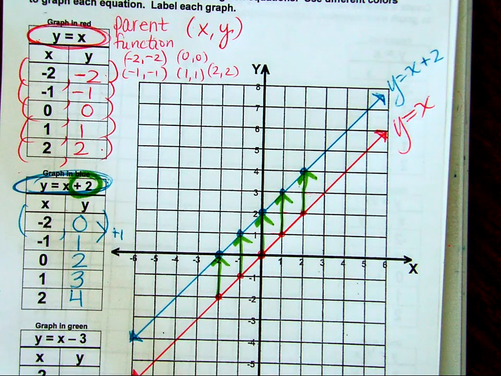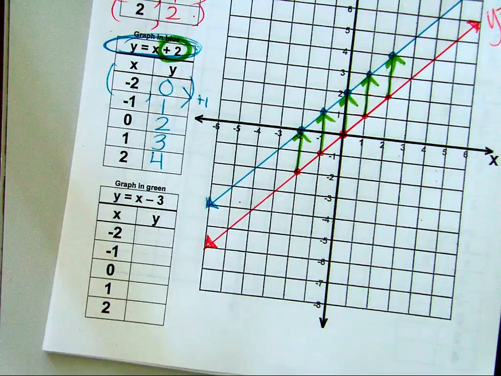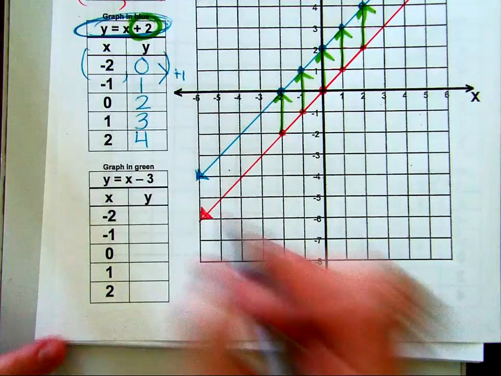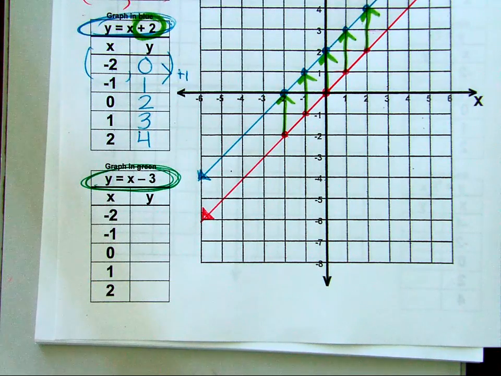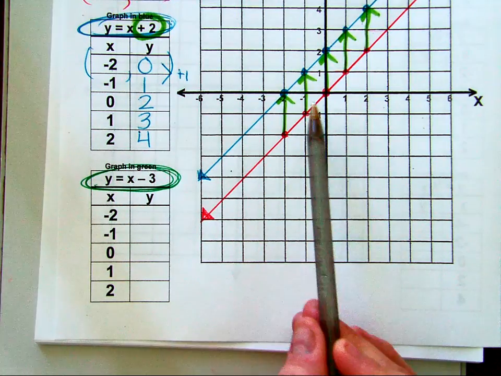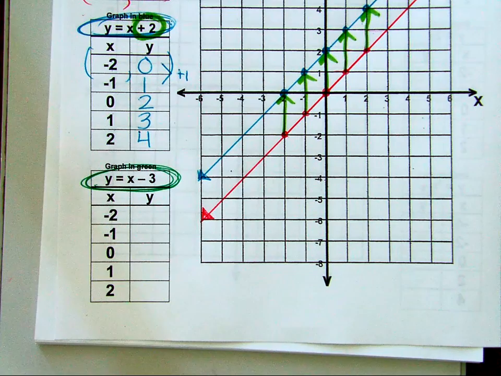So now I want you to take a look at the green one here. The one that you're going to do in green. Before we start to fill them out, let's make a guess. If the y equals x was right in the middle, and the y equals x plus 2 shifted up 2, what do you think the y equals x minus 3 is going to do, Madison?